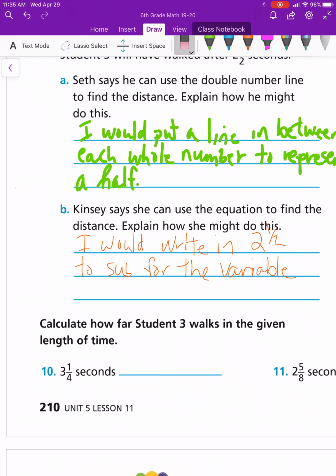I'm sorry, I'm getting those mixed up. 2.5 seconds for t because t is time, right? So you would just plug in 2.5 for t in the equation.